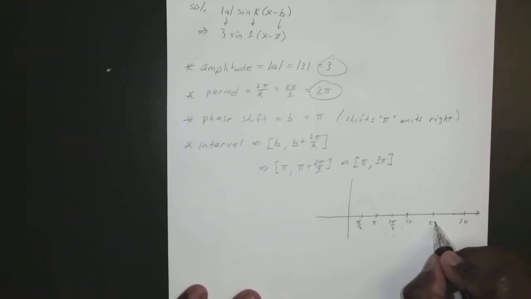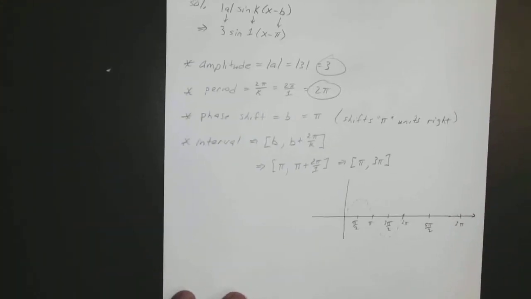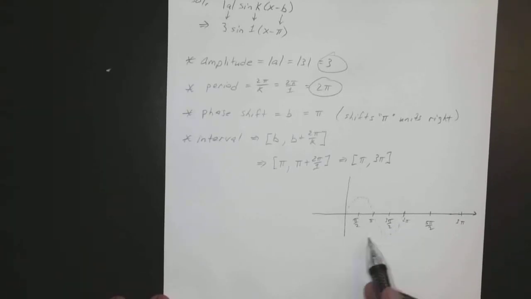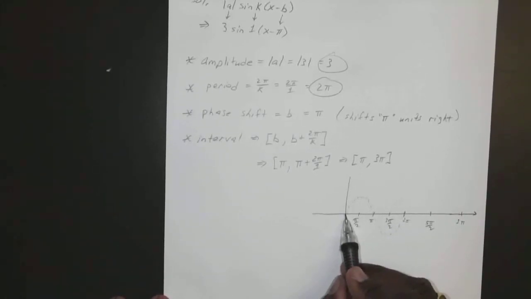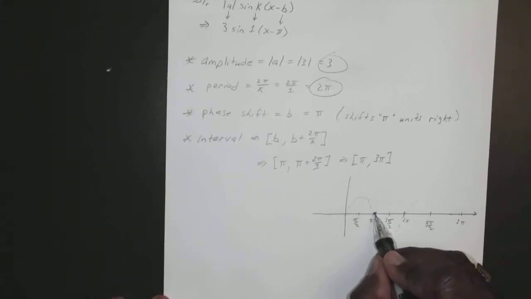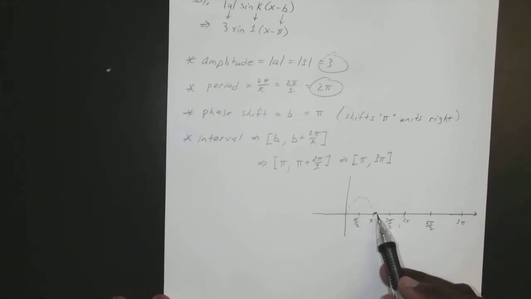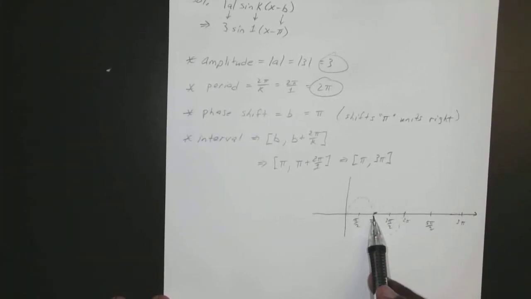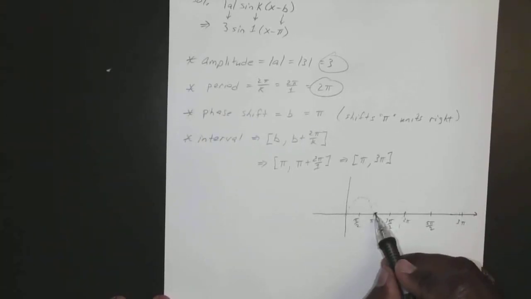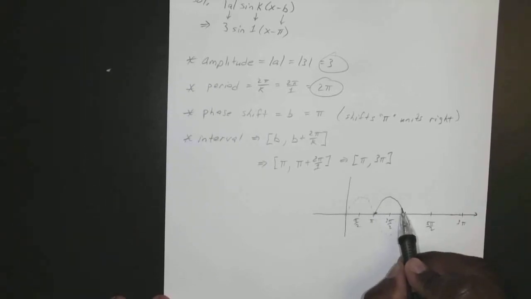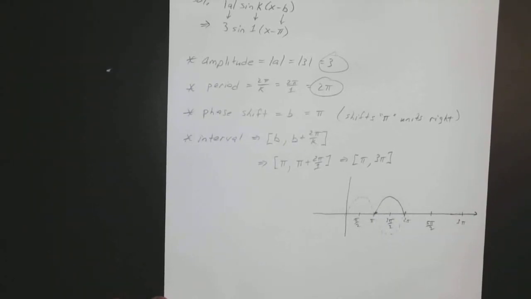And this would be our 5 pi over 2. So if this shifted, that means instead of starting at 0, it would now start at pi. So everything here now shifts. Instead of going back to 0 at pi, it's starting there. Because this goes from 0 to pi, now it goes from pi to 2 pi.